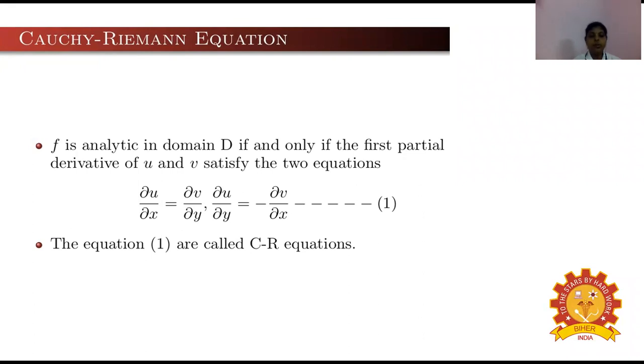Next, dou u by dou y equal to minus of dou v by dou x. We call it equation number 1. This equation 1 is called the CR equation.